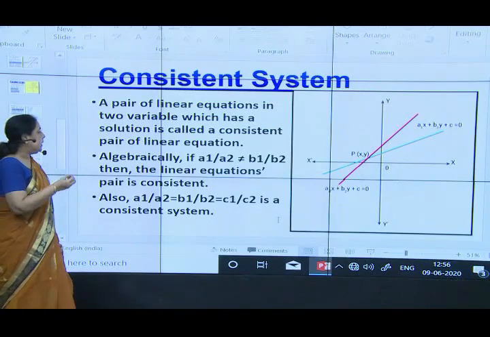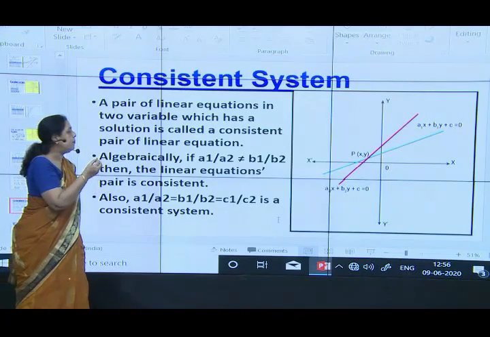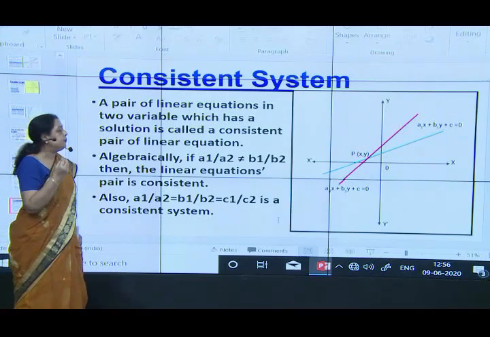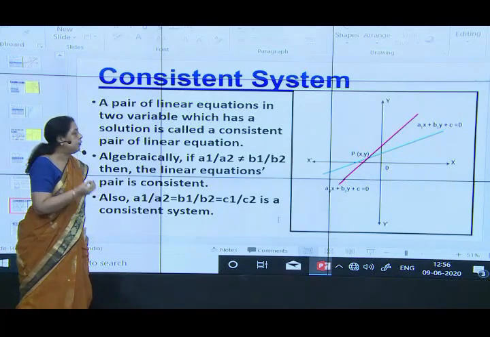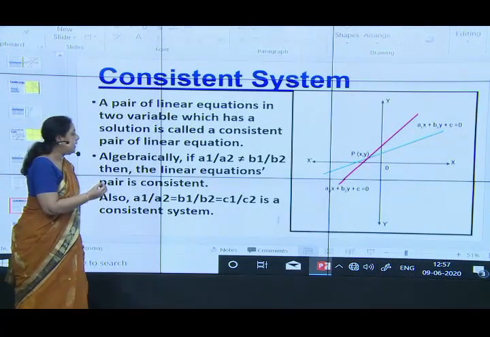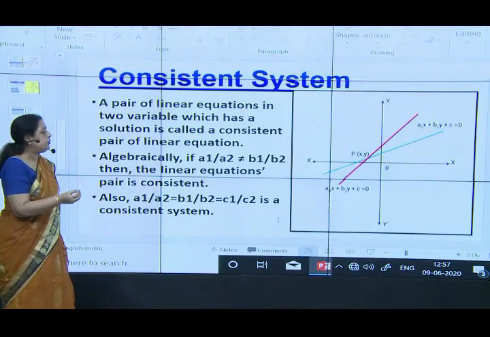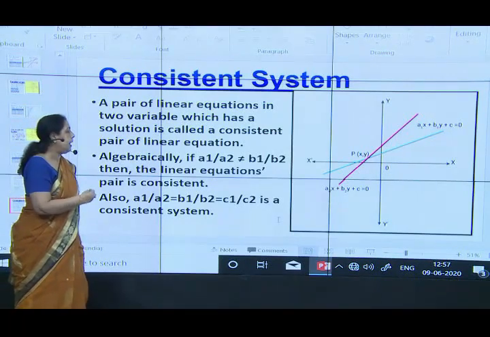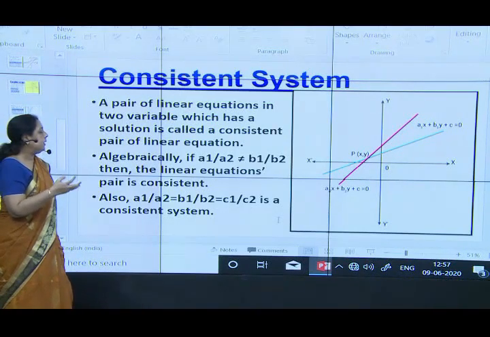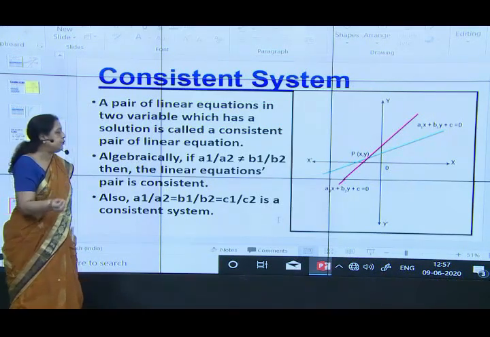Algebraically, if a1 by a2 is not equal to b1 by b2, then we get a consistent pair of linear equations. Another condition is if a1 by a2 equal to b1 by b2 equal to c1 by c2, then also the lines are coincident and we get a consistent pair of linear equations.